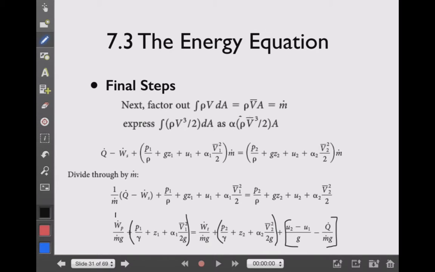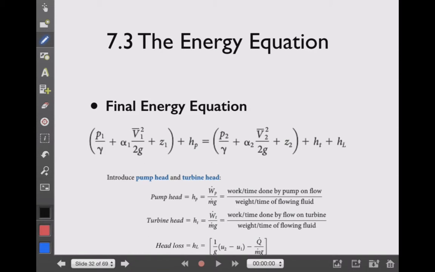But we have 1, 2, 3 new terms. And what those turn out to be, number 1 is the pump head. The pump head is the work per unit time done by the pump on the flow divided by the weight per unit time of the flowing fluid. So that is what the pump head is, and we will learn how to use that in the equations.